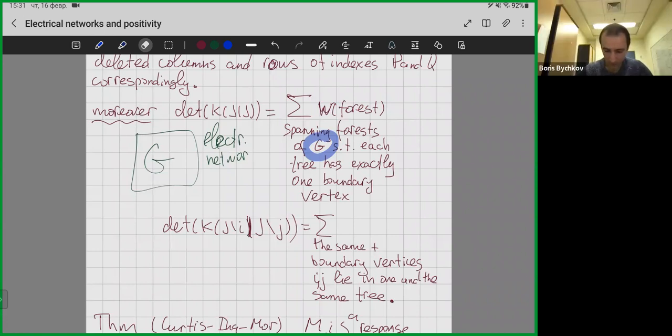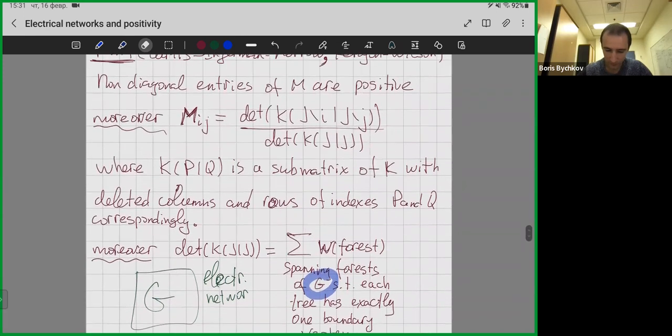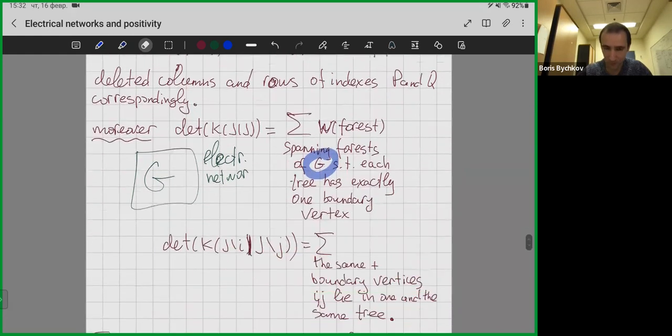Ну, давайте я по-русски то же самое повторю. Еще раз, есть такое комбинаторное интересное описание элементов матрицы отклика: это отношение двух определителей, а эти определители на самом деле это многочлены от весов, которые на ребрах.